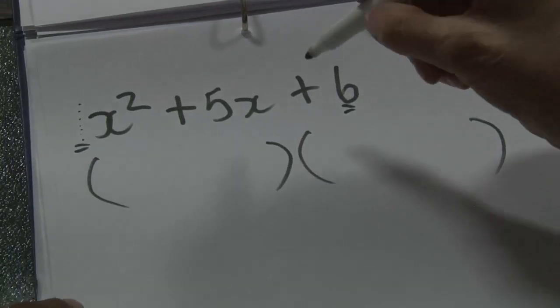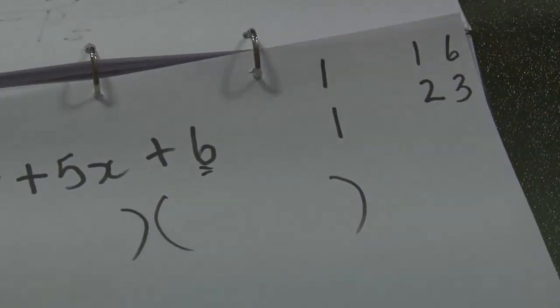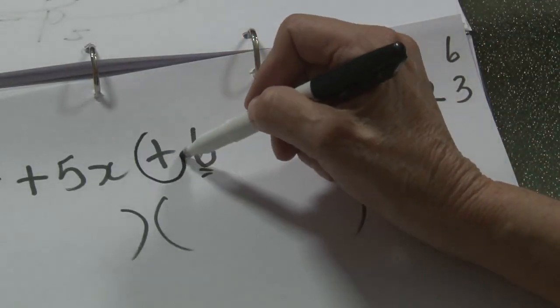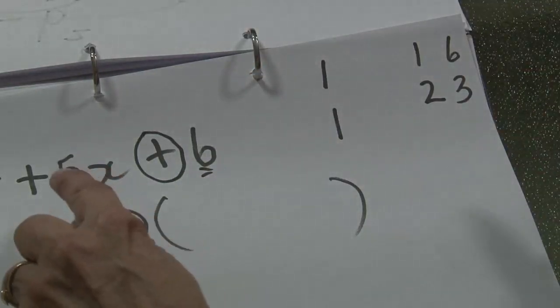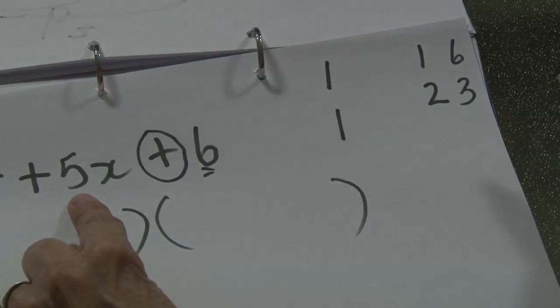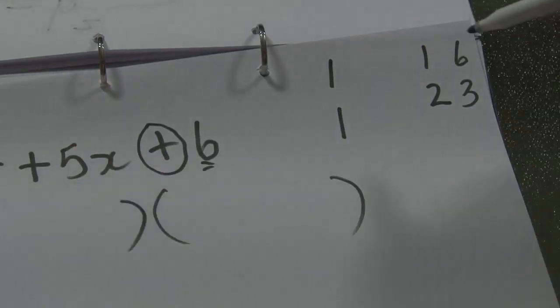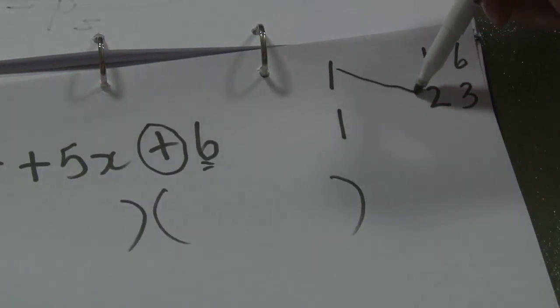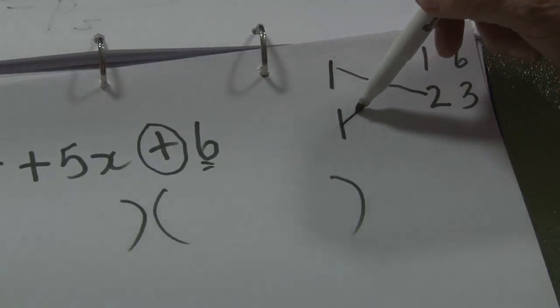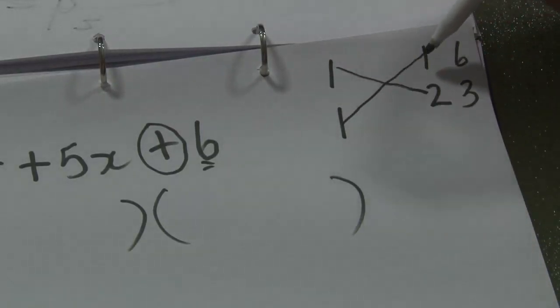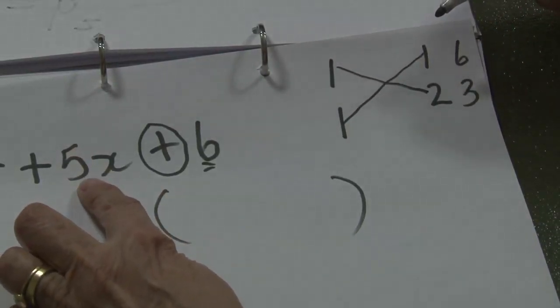But when I add it, it's a plus. I have to get positive 5. If I test, 1 times 2 is 2, 1 times 1 is 1, 2 plus 1 gives me 3. No, it's not 5.